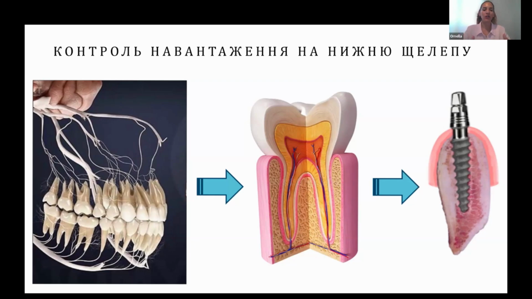The nervus is the one that gives us the sensibility. If we have pain or if we are biting so hard and we are suffering, all this information is transferred thanks to the nervus. And the periodontal ligament has an important role here, because it is the one that absorbs the loads when we are biting continually in our daily life.